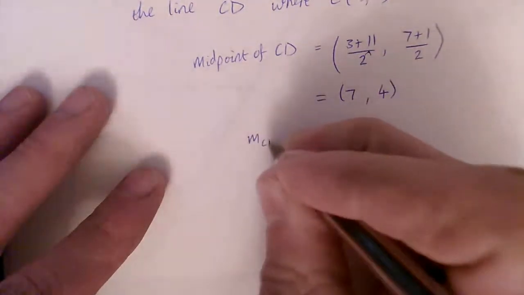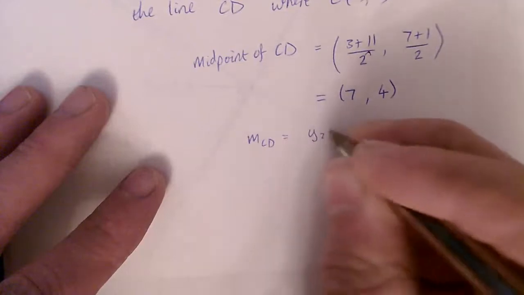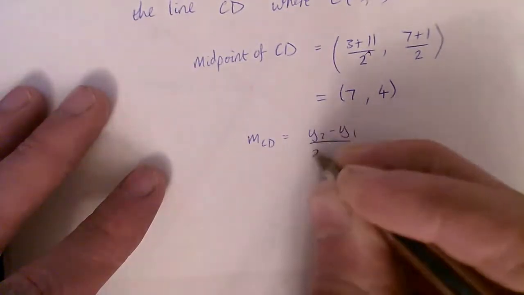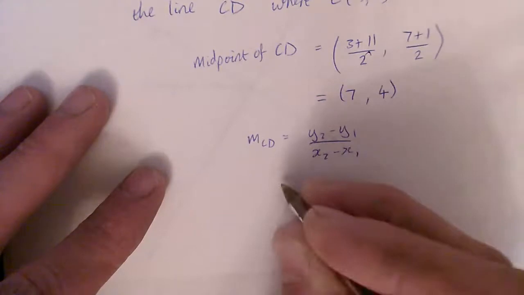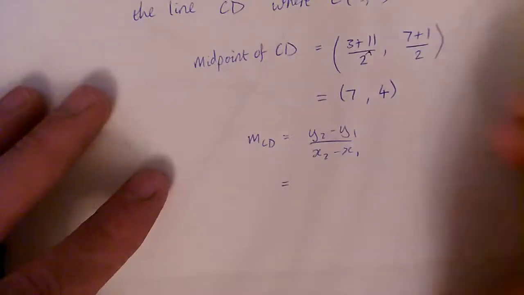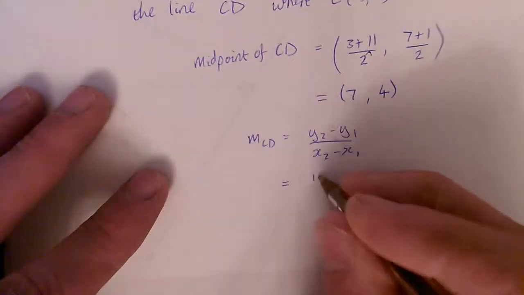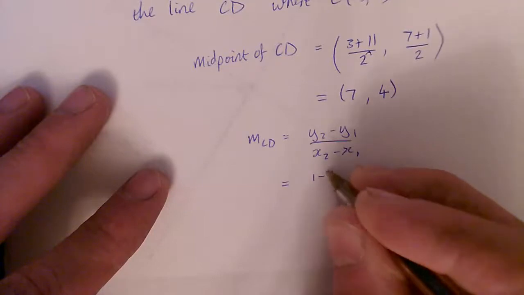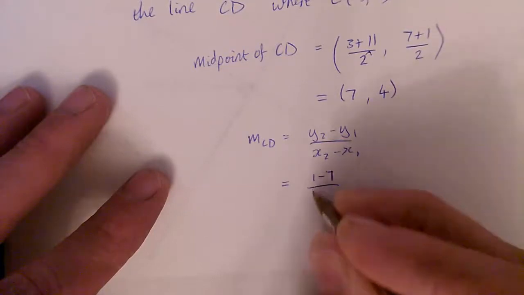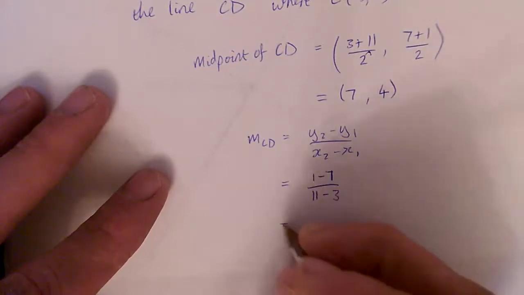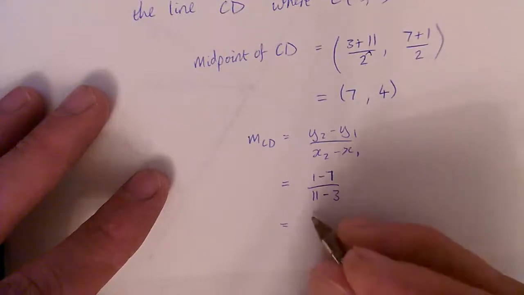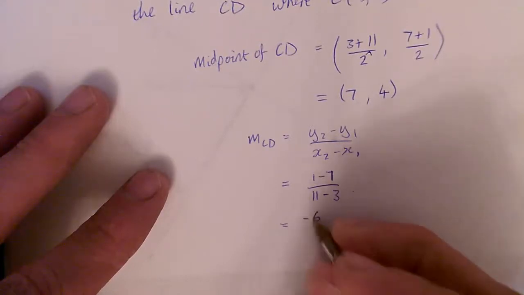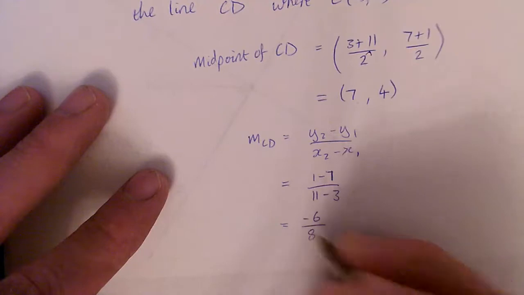You could potentially get halves in here, but that is as nasty as it's going to get. We want the gradient, which is y2 minus y1 over x2 minus x1. Always good just to write down the formula, make sure you're getting that right, because then it's a matter of looking up here. So we've got 1 take away 7, and 11 take away 3. 1 take away 7 is minus 6. 11 take away 3 is 8.